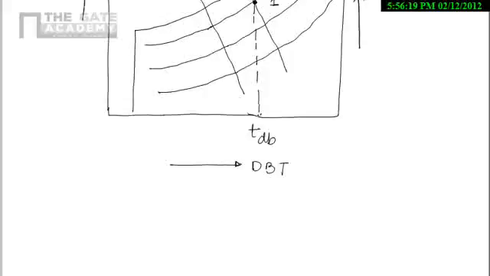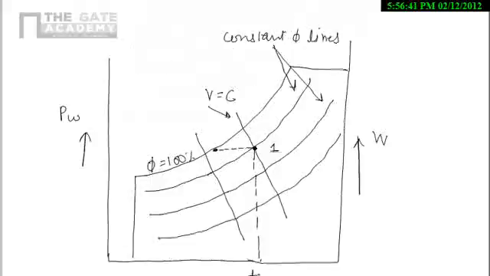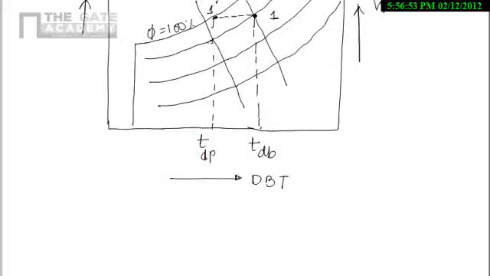For finding out dew point temperature, what we have to do, we have to go parallel to x-axis towards phi equals to 100% line. So I am going parallel to dry bulb temperature towards phi equals to 100%, and now I am here at point suppose 1 dash. Now if I read the temperature on dry bulb temperature axis, it will be dew point temperature.